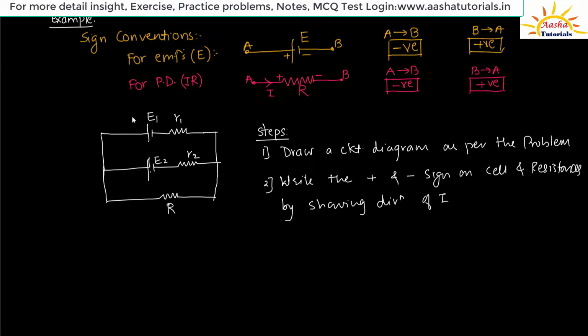The first step of drawing the circuit diagram is over. Then for the second step, we give signs to the cells: this is plus, this is minus, this is plus, this is minus, and then we show the direction of current. Suppose from cell E1 current I1 is flowing and from cell E2 current I2 is flowing.